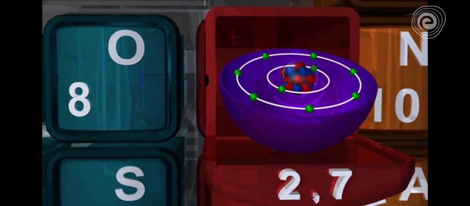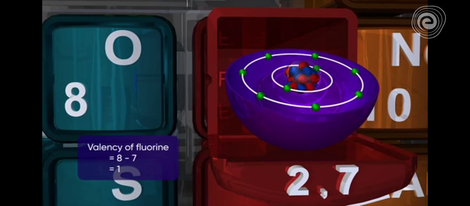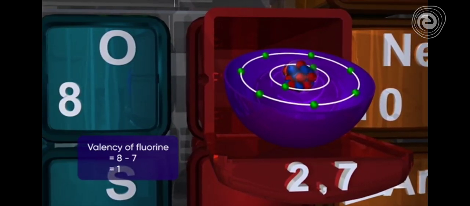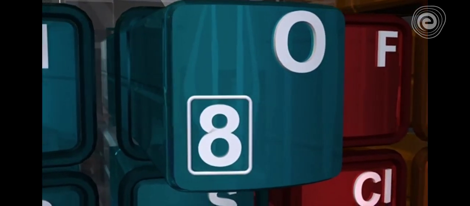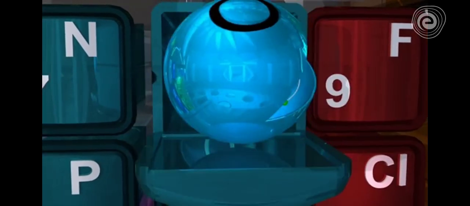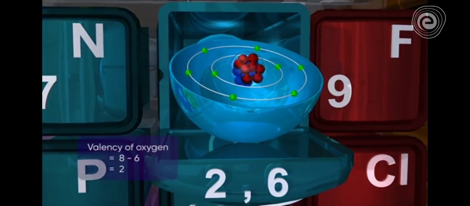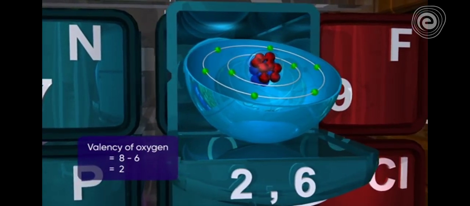In order to calculate its valency, the number of valence electrons is subtracted from 8. Hence, the valency of fluorine is 1. For an oxygen atom with an atomic number 8 and an electronic configuration of 2, 6, its valency is given by 8 minus 6, that is 2.